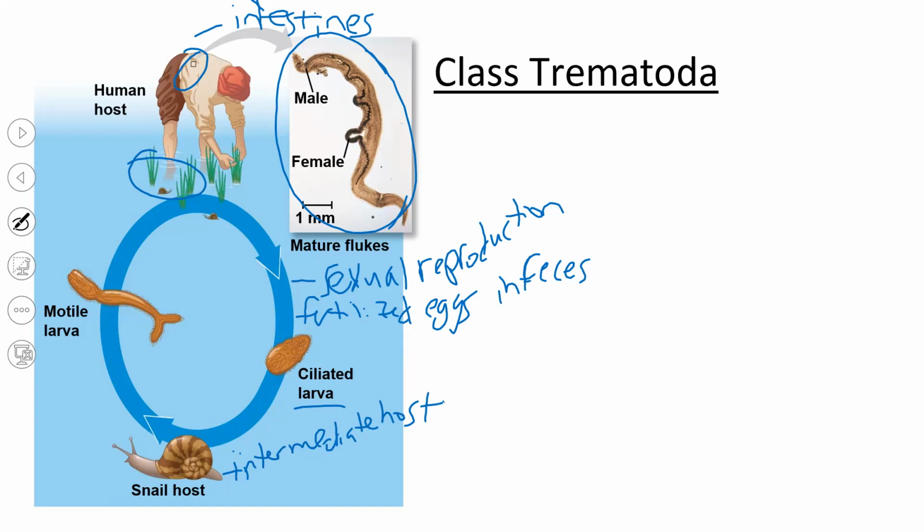So inside the snail, these larvae undergo asexual reproduction and form a new form of the larvae, which is motile. So that's released from the snail into the water, and that motile larva is what can burrow into the human host and start the whole process all over again.